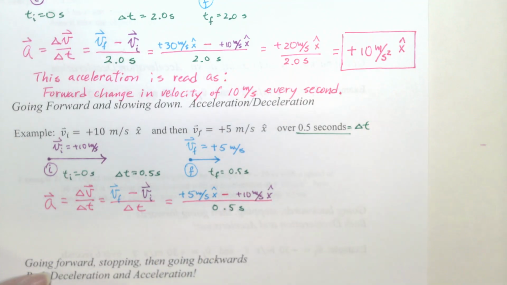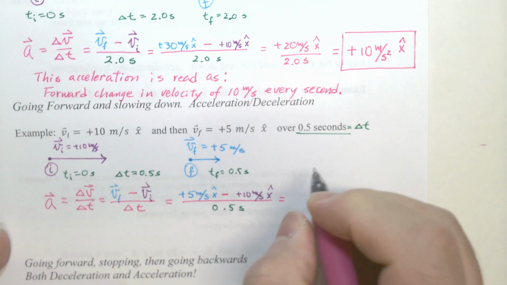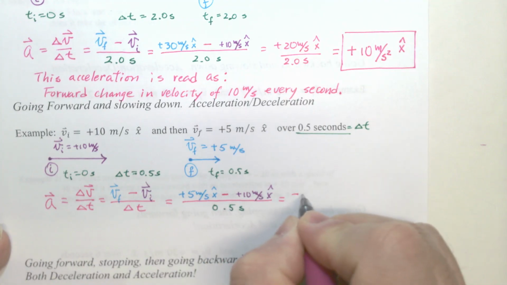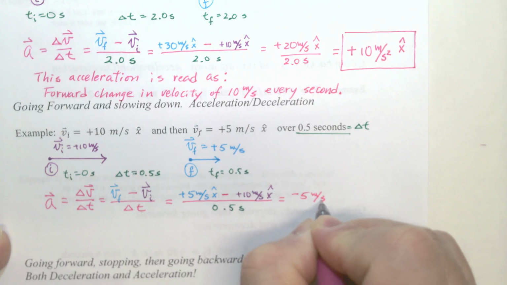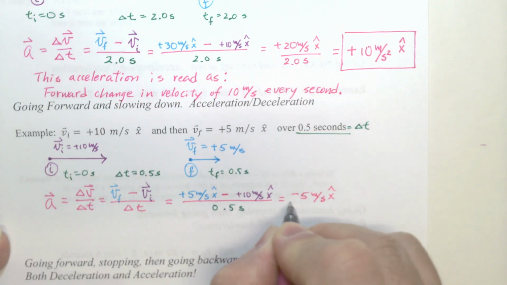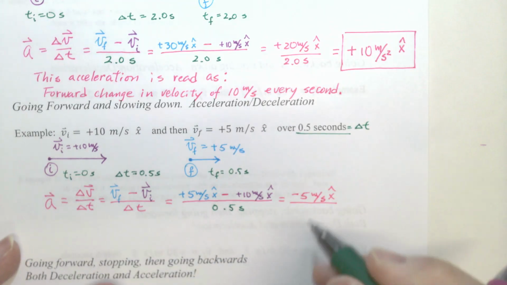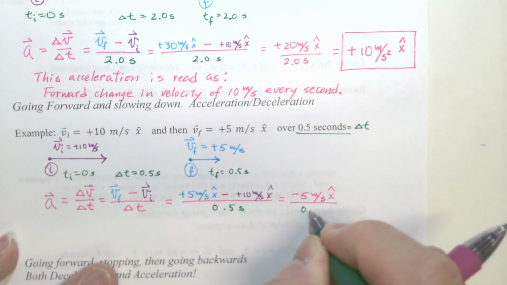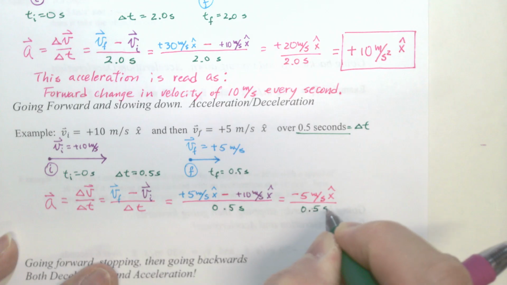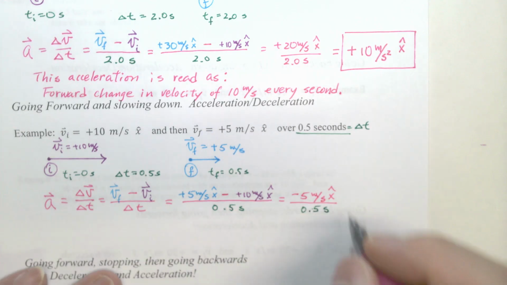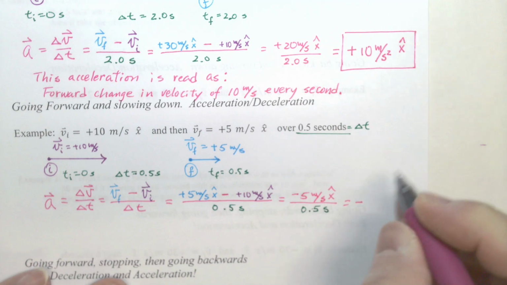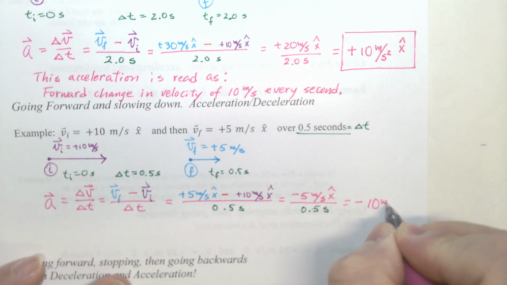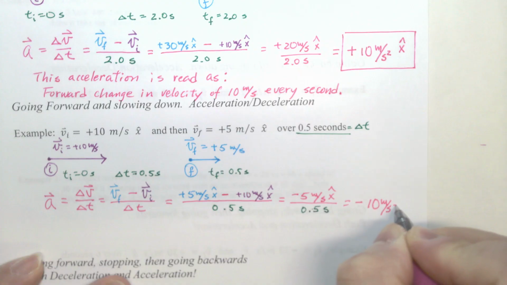So if you do this, notice you'll get negative 5 meters per second x hat over 0.5. This comes out to negative 10 meters per second x hat.